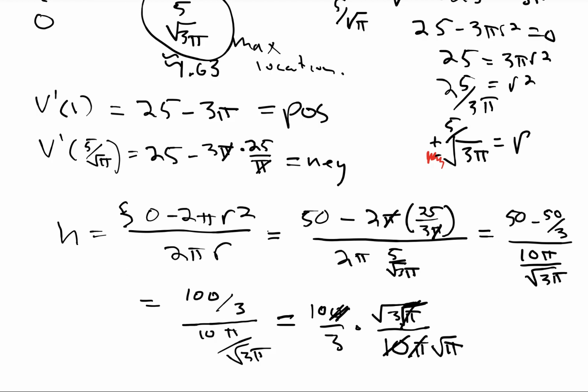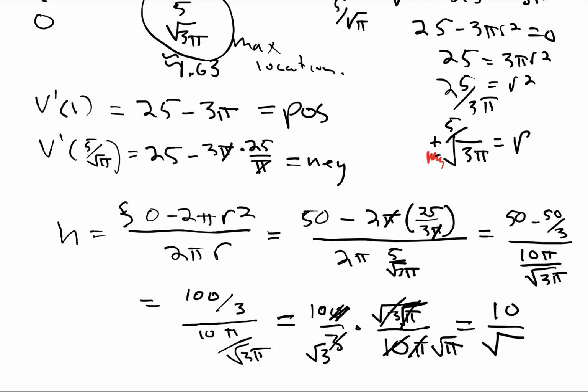Similar deal, I've got a root 3 on top and a 3 on the bottom. If I wanted to cancel those out, I could think of there as being a root 3 on the bottom. After all of those cancellations, you'll see that I'm basically just left with this 10, this root 3, and this root pi.